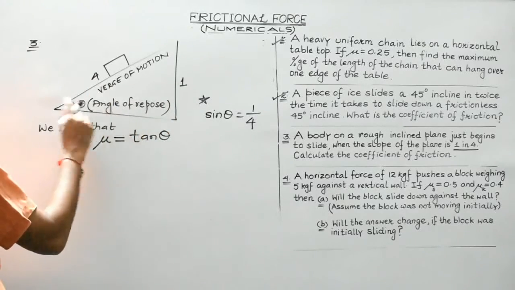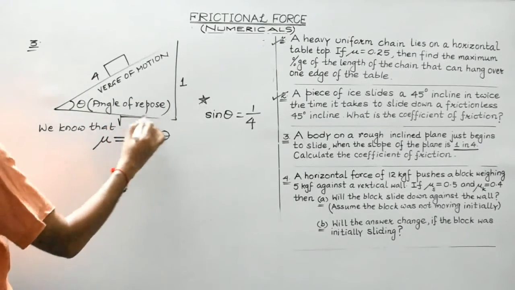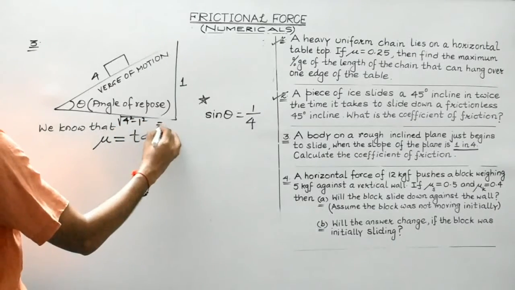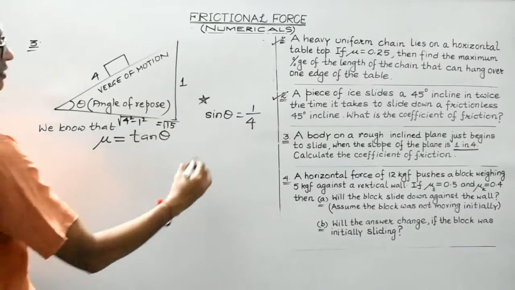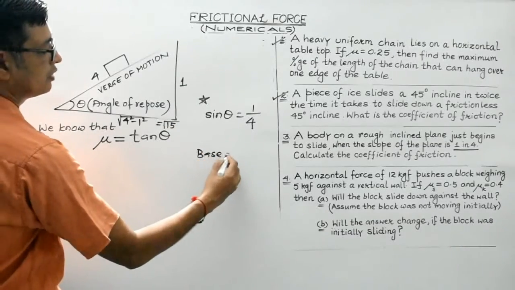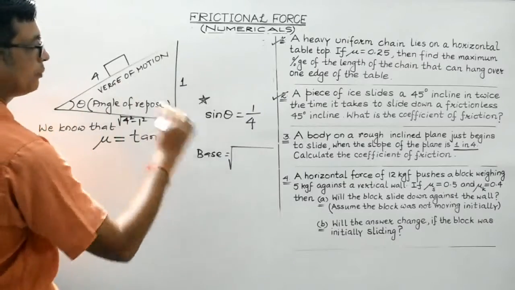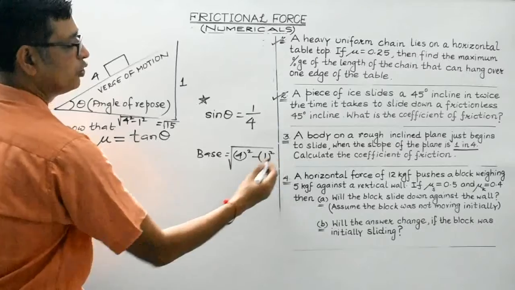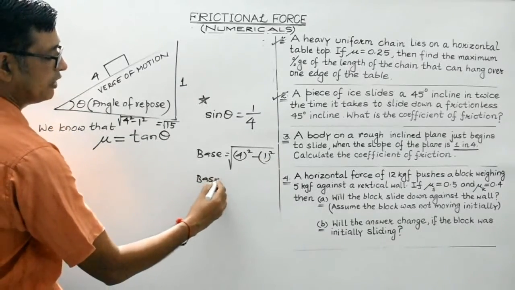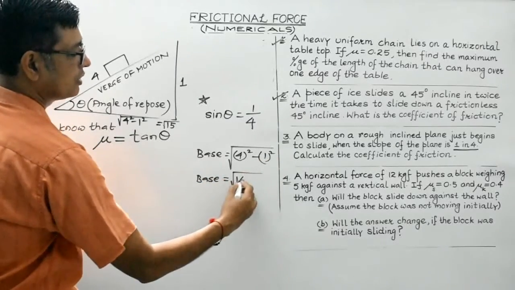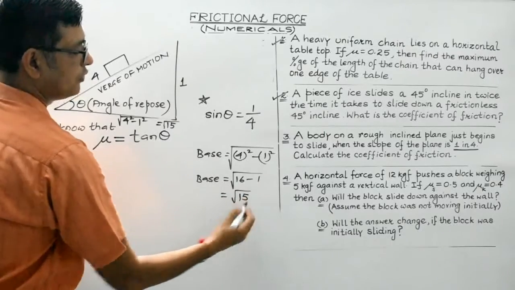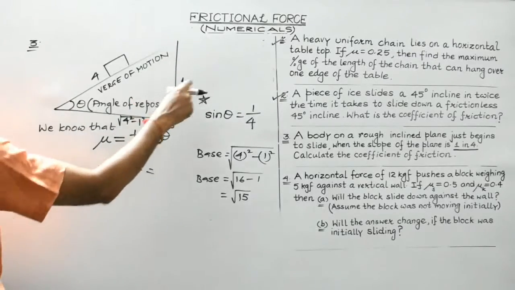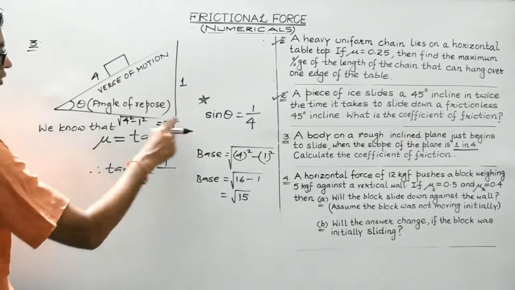Using the Pythagoras theorem, this base would be the square root of 4 square minus 1 square, that is the square root of hypotenuse square minus perpendicular square, which is 16 minus 1, that is root 15. Therefore, students, tan theta is perpendicular by base, so it is 1 by root 15.